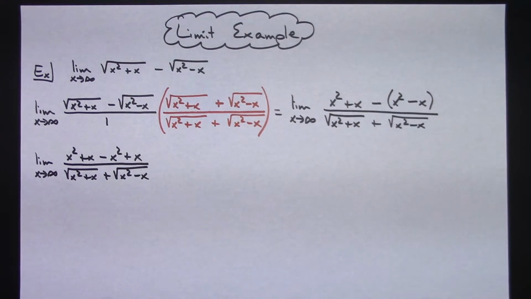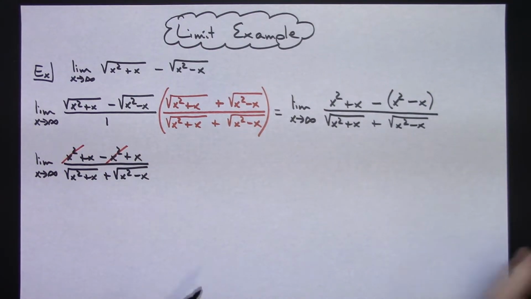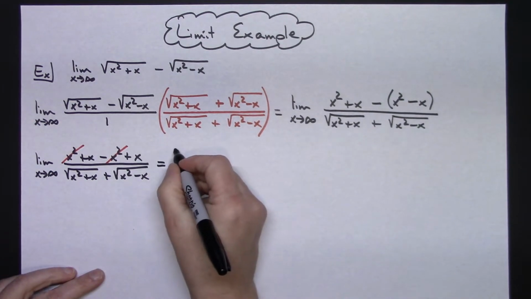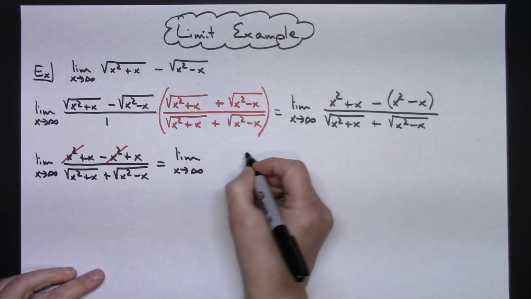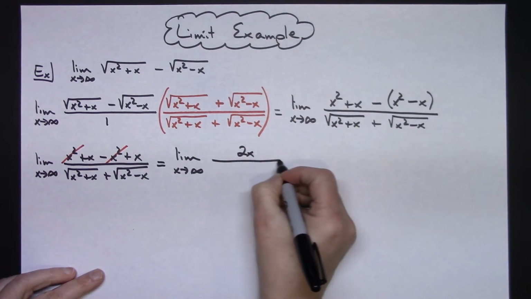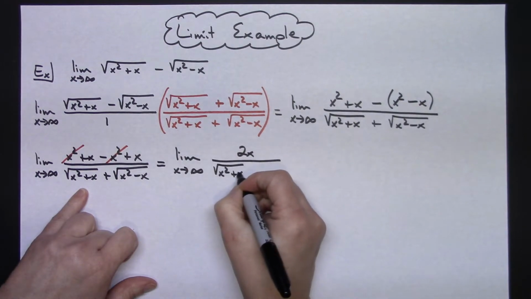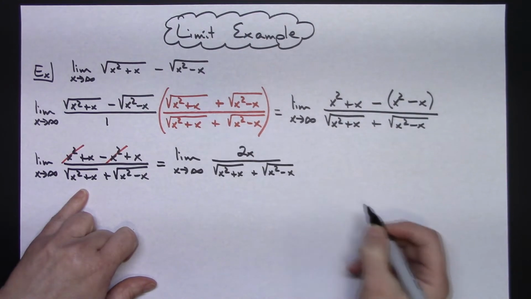Now looking at that numerator, I'm going to be able to cross out those x squareds, leaving me with just 2x on the top. So I will have the limit as x approaches infinity of 2x all over the square root of x squared plus x plus the square root of x squared minus x.